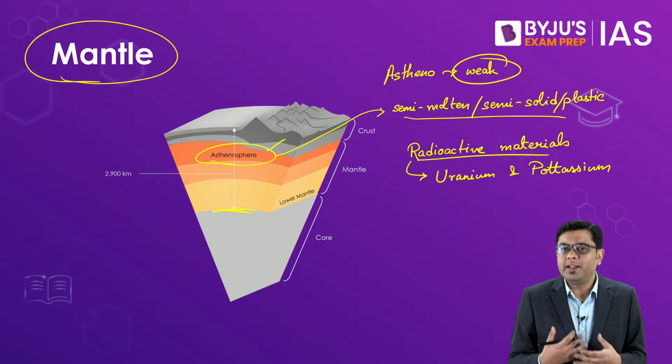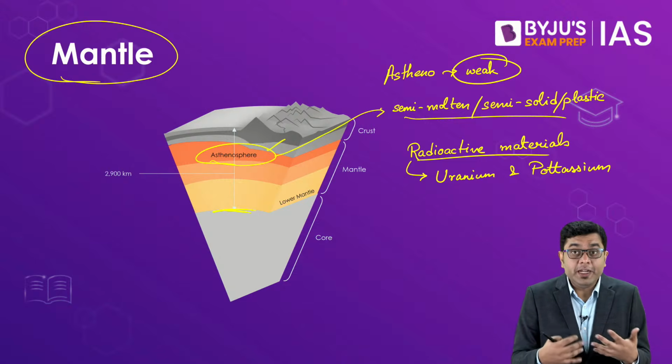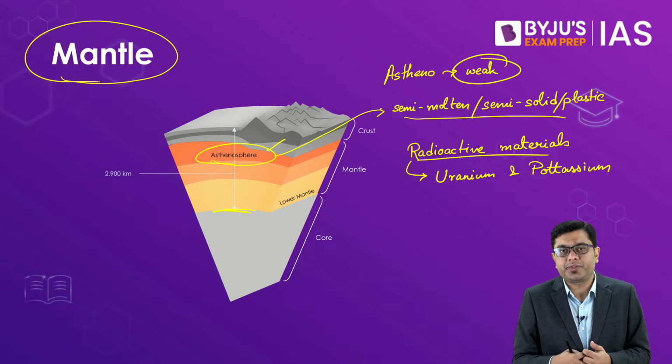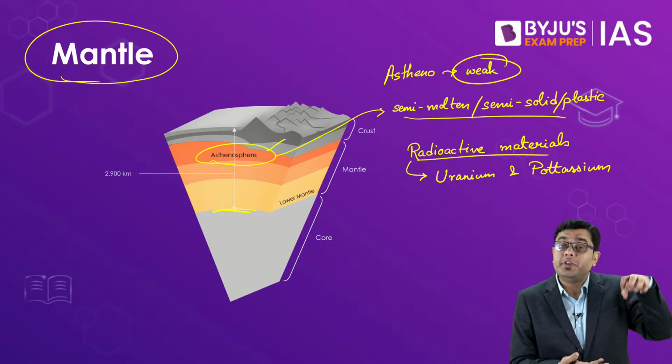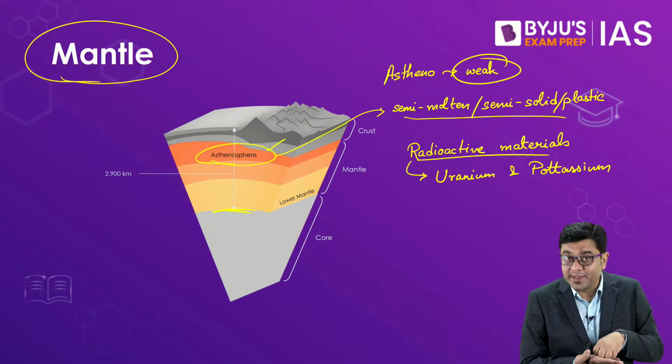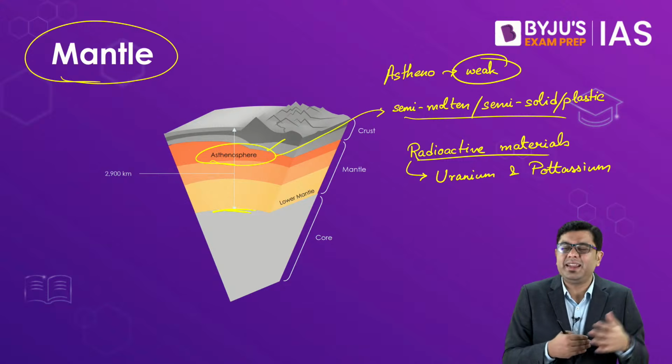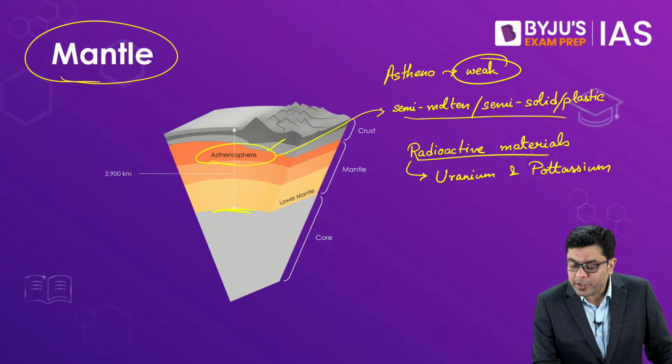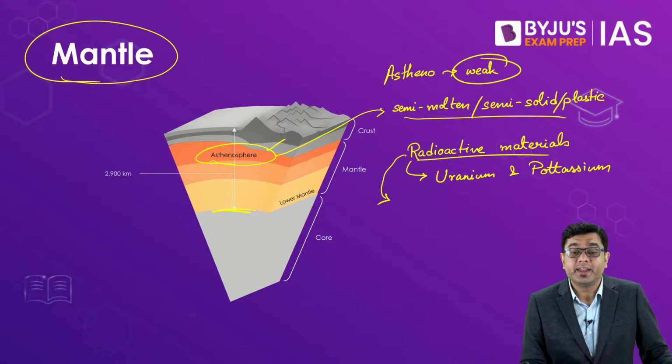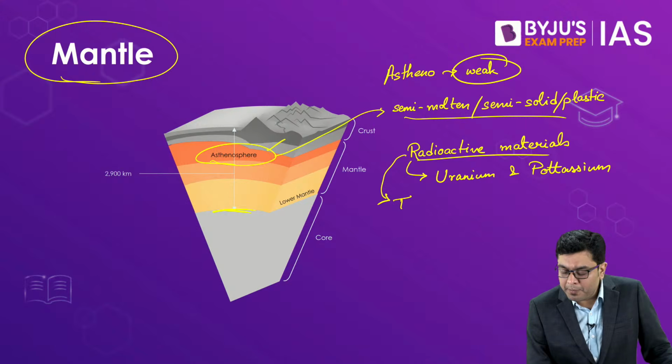As a result of the predominance of these different elements, because of the large amount of pressure exerted and already a slightly greater temperature, these radioactive elements and materials undergo a thermonuclear reaction.